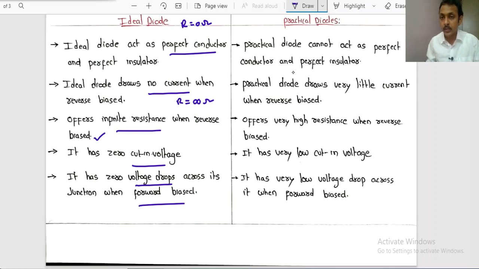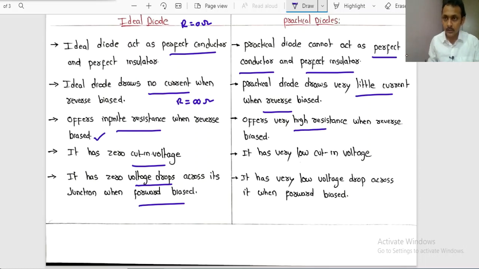But whereas in the practical case, the diode cannot act as a perfect conductor or a perfect insulator. Practically the diode will draw a very little amount of current when it is reverse biased, and it will offer some high resistance, but not infinite resistance.